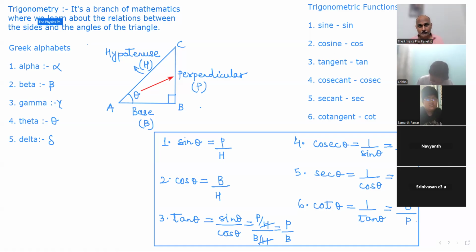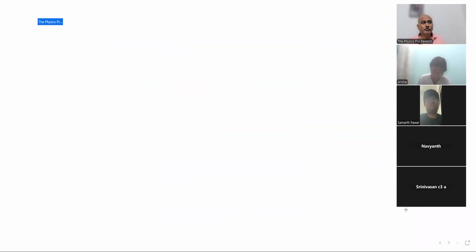So now, once we are aware of the basic trigonometric functions and the Greek alphabets, let's move ahead to learn the attributes of quadrants of a circle.